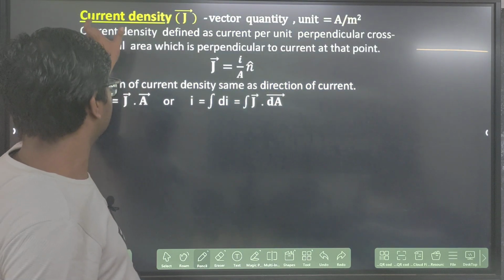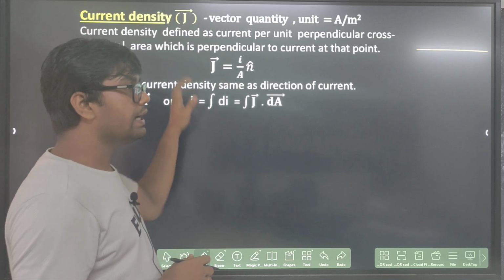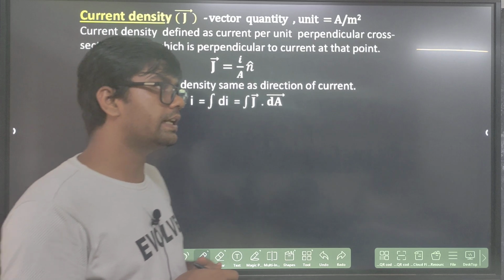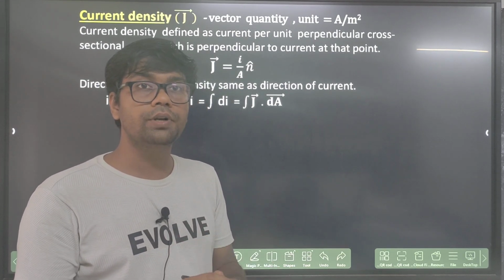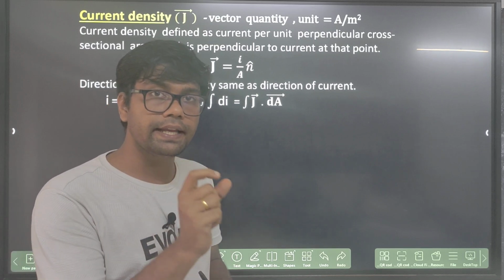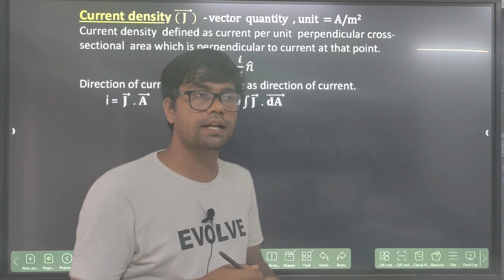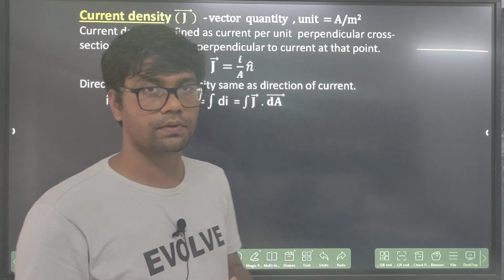Now we'll see another term that is called current density. Current density is a vector quantity, and you define current density as the current per unit area, and that area should be perpendicular to the direction of current, or you can say current per unit perpendicular cross sectional area.